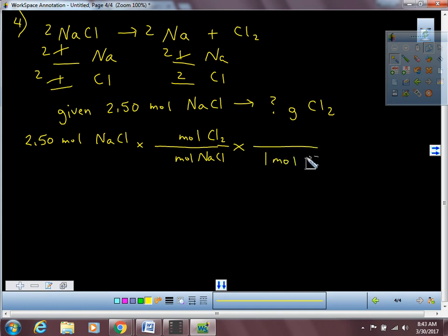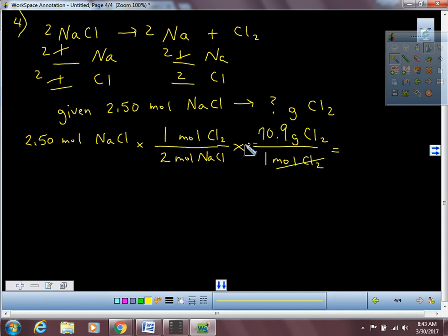So I need 1 mole of chlorine in so many grams. I'm going to go back to my balanced equation for my mole ratio. In front of Cl2, I don't have a number, so it's 1. In front of NaCl, I have a 2. And then I need a periodic table mass for chlorine. And didn't we find that in the last equation? 35, and there were 2 of them, right? So 70.9, yes.